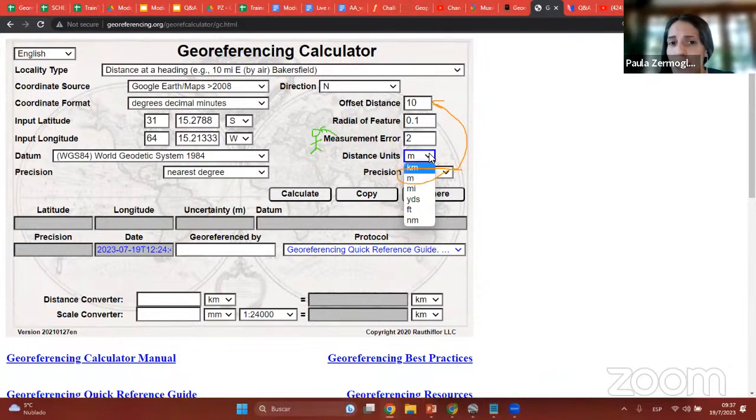They all have to be in the same unit. Make sure that you determine this based on what the description says, and then you adjust this value to match the units that you're using. Otherwise, you will make a huge mistake here. If you put this in meters and you put that measurement error, that means that you're measuring with a caliper, basically. So be careful with that. Remember to change the measurement error to the units that you're using from the description.